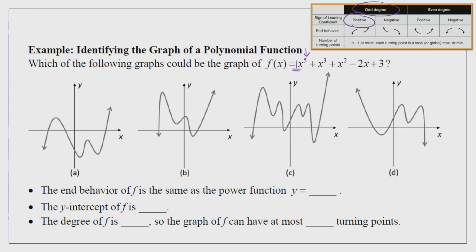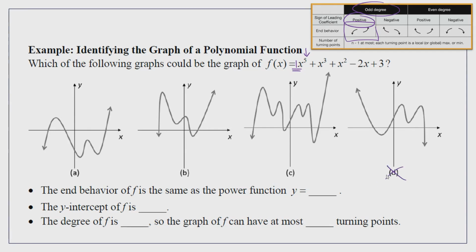So now we know what our end behavior could look like, and we need to eliminate the graphs that do not have this end behavior. The first one does, B also does, C also does, and D does not. So we know it's not D.